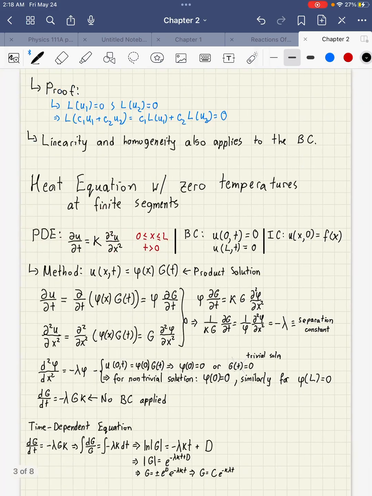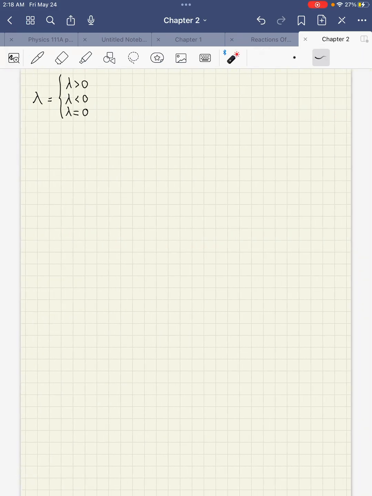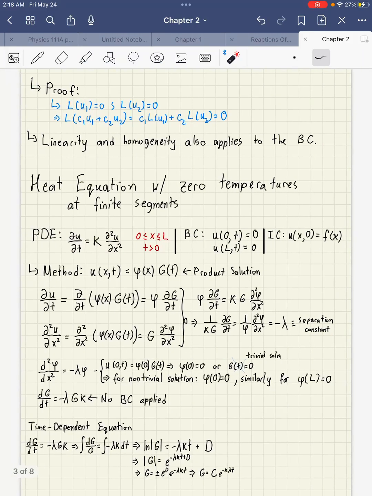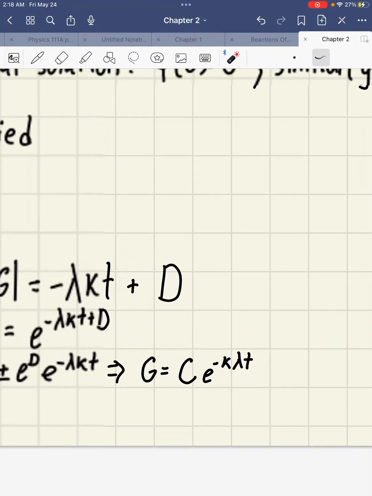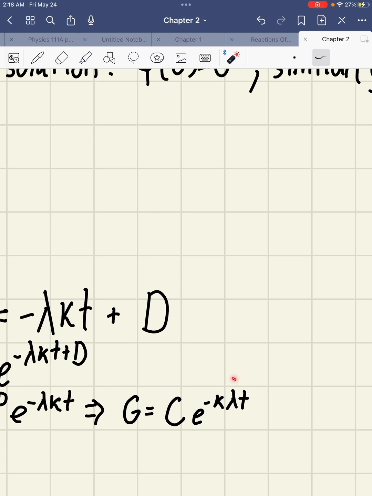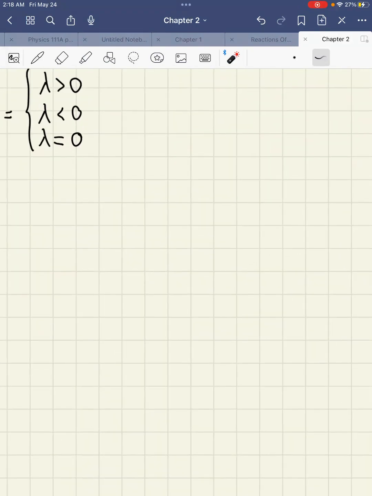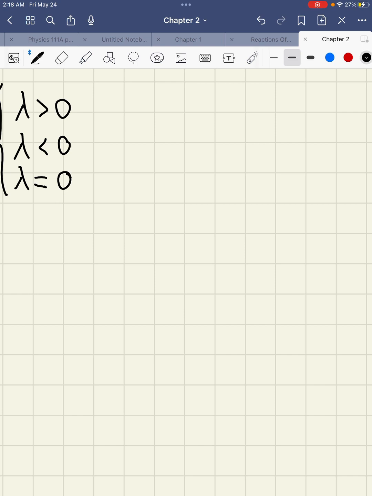Now, let's look at lambda that is positive. If I substitute my positive lambda into my equation, I can see that this exponent is going to be negative. The negative exponent, taking the power of e, is going to be decay. So for positive lambda, I have an exponential decay.